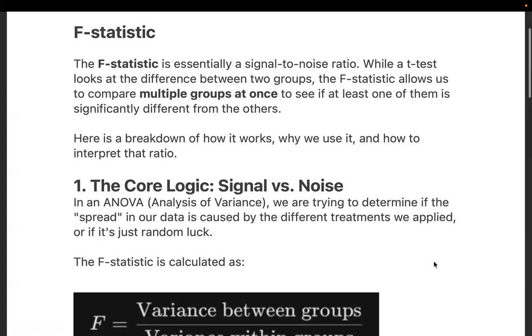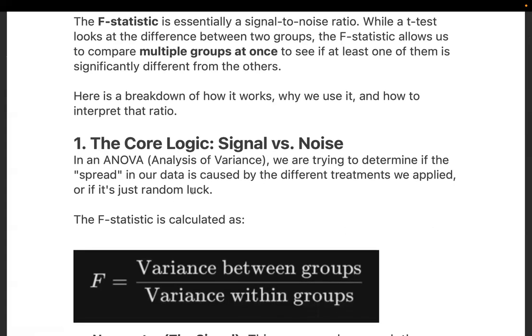So here's ANOVA. With ANOVA, we're trying to determine if the spread in our data is caused by the different treatments we applied, or is it just random luck? ANOVA computes the F statistic.